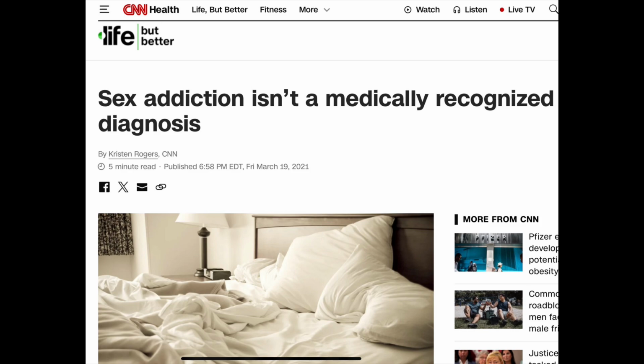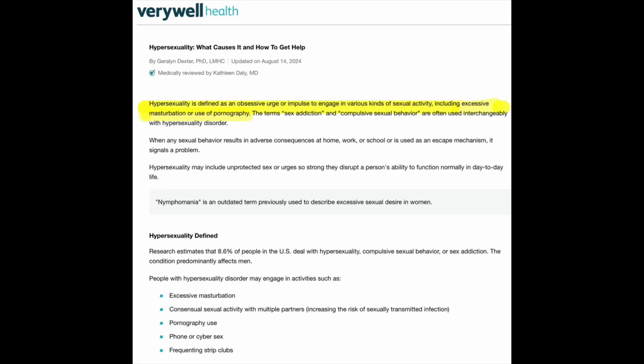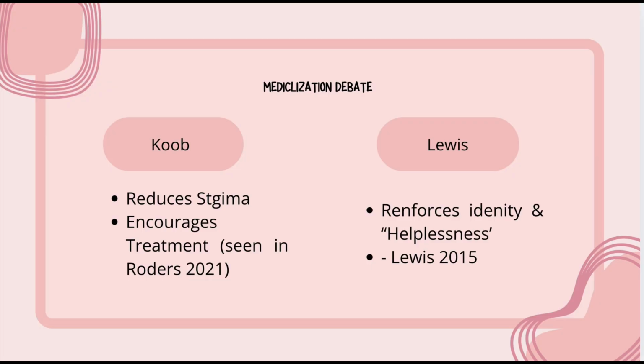One article by Dexter explains that hypersexuality is defined as an obsessive urge to engage in various kinds of sexual activity, including excessive masturbation or use of pornography, sexual thoughts, urges, or behaviors that can have negative consequences when a person is preoccupied with them. Still, others warn against labeling sexual desire as disordered, especially given moral, cultural, and religious biases.